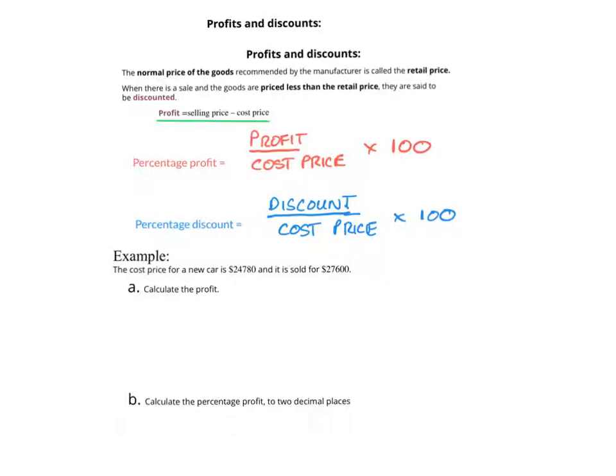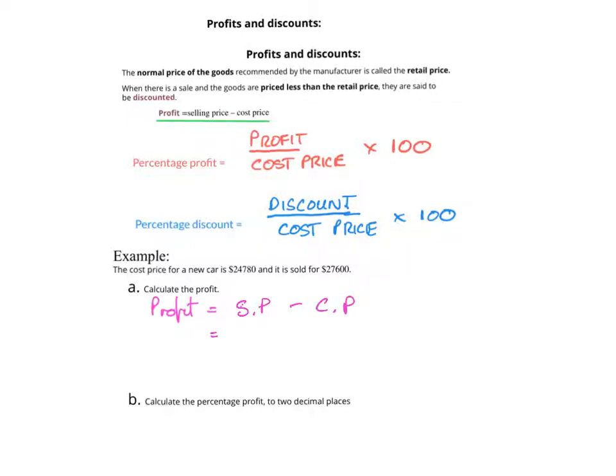So looking at this example here, the cost price for a new car is $24,780, and it is sold for $27,600. Part A wants us to find the profit. So we know that the profit is equal to the selling price minus the cost price. So in this case, what is our selling price?